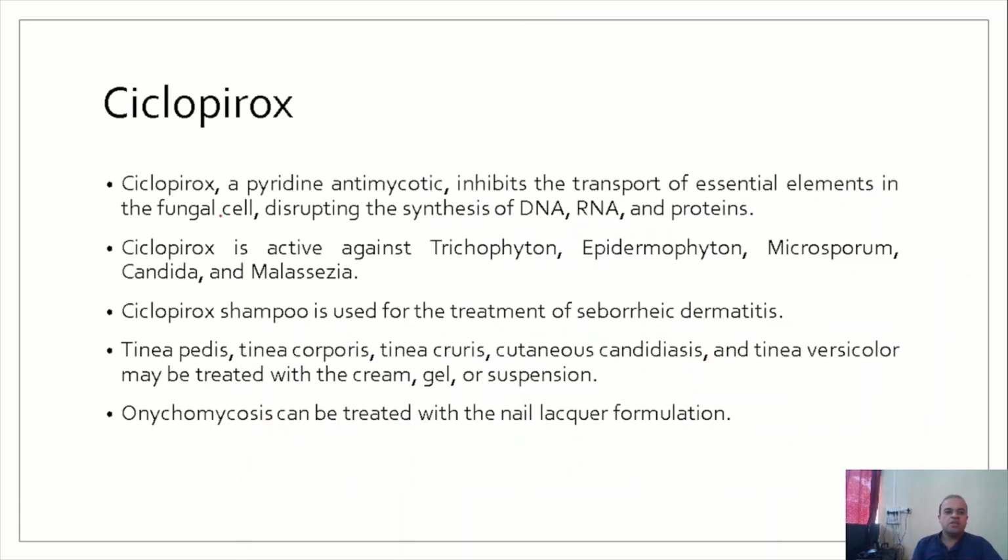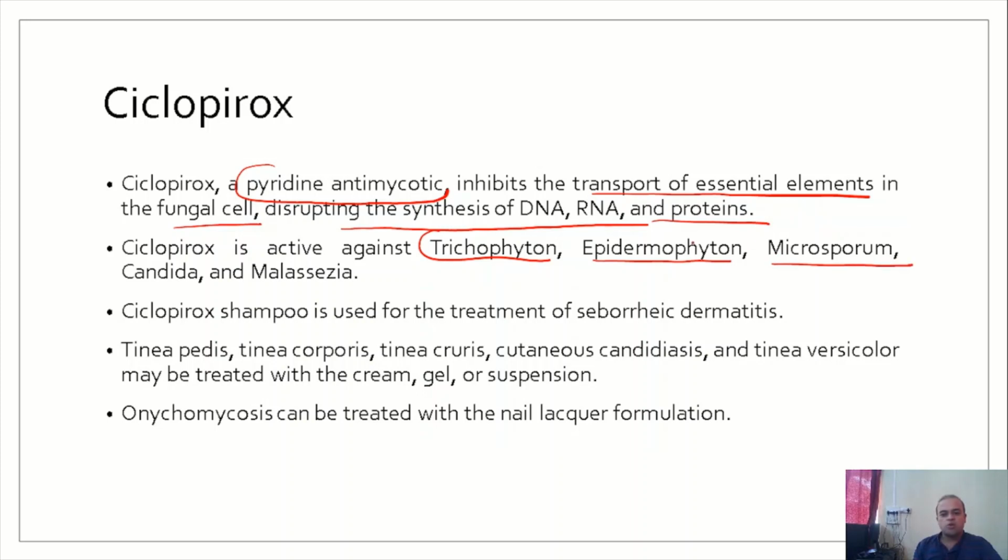So the next drug is ciclopirox. Ciclopirox is a pyrimidine antimycotic and it inhibits transport of essential elements in the fungal cell, thus disrupting the synthesis of DNA, RNA, and proteins. This drug is active against trichophyton, epidermophyton, microsporum, Candida, and Malassezia. Ciclopirox shampoo is used for treatment of seborrheic dermatitis.